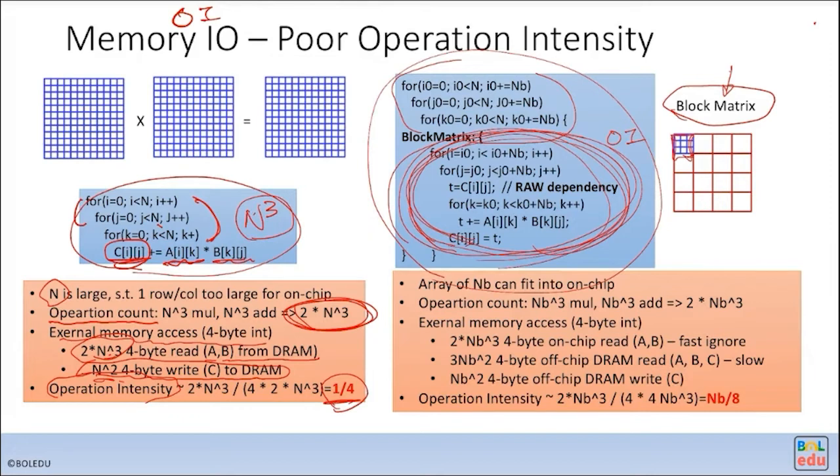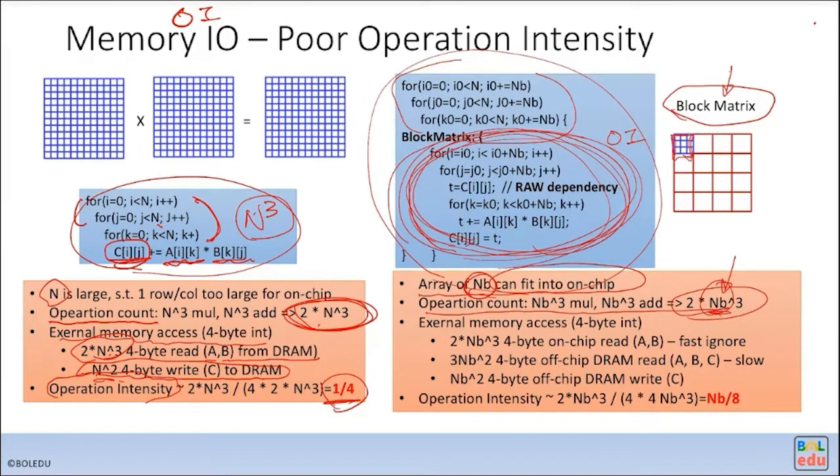So let's make the assumption that the arrays of MB can fit into the on chip. You choose the right block size so that they can fit into the memory. The operation count is the same as this one, but right now the dimension becomes MB, the block size.